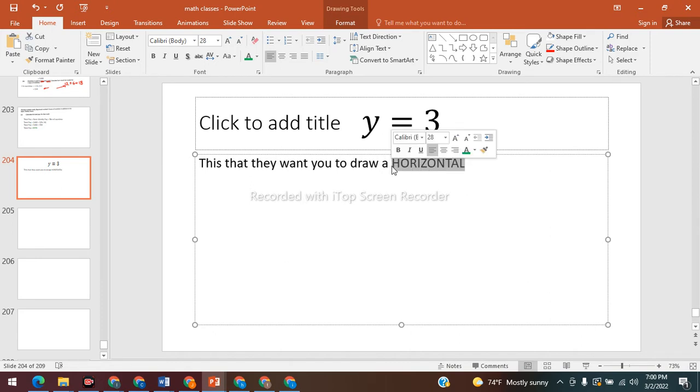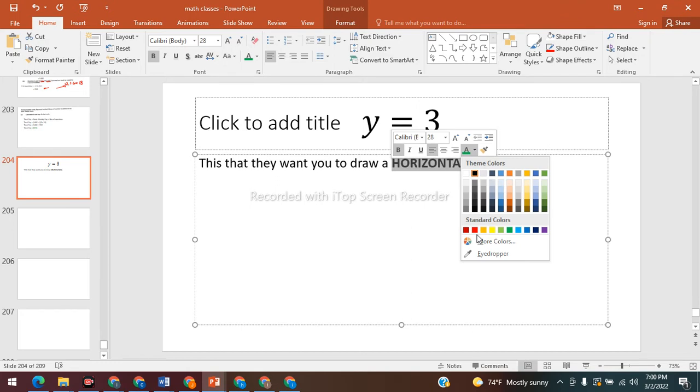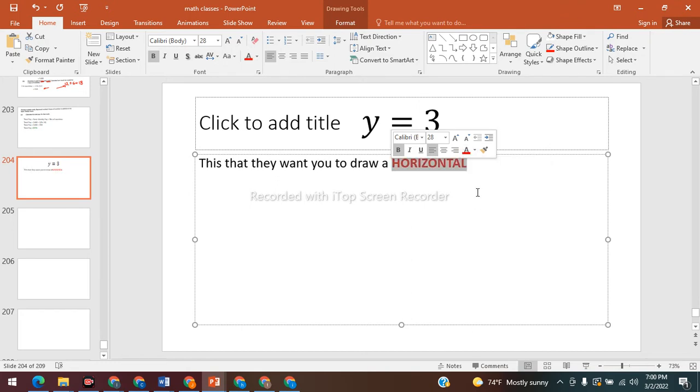And by horizontal, we mean side to side. So they want you to draw a horizontal line from side to side through the number 3 on which axis? Y.